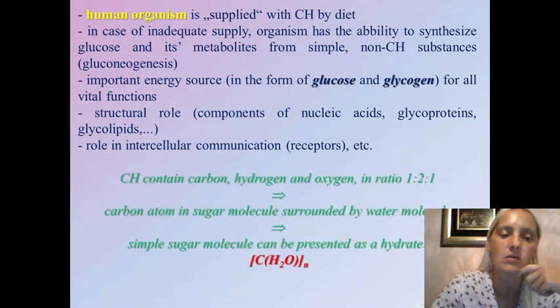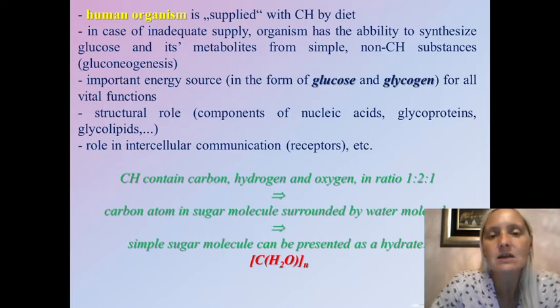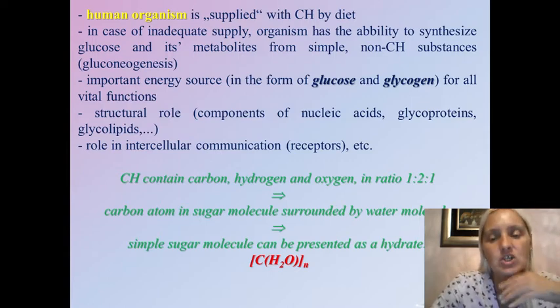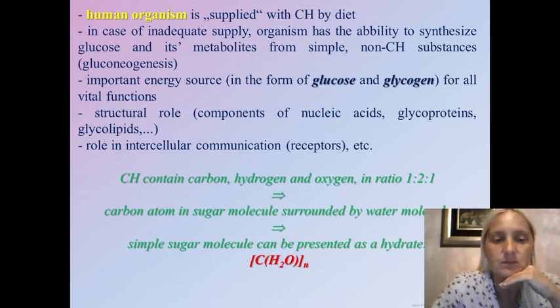To summarize this introduction to carbohydrates, carbs contain carbon, hydrogen, and oxygen in a precisely defined ratio 1 to 2 to 1: 1 carbon, 2 hydrogens, and 1 oxygen.